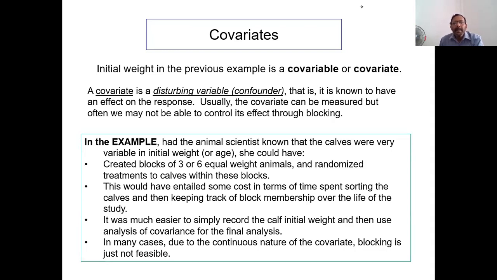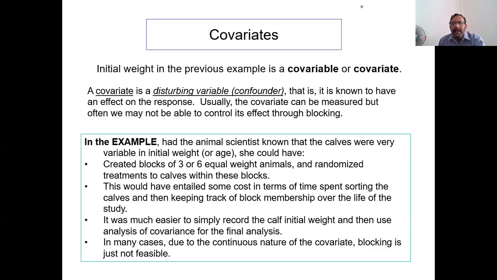Initial weight in the earlier example can be considered as a covariate. A covariate is a disturbing variable. It's called confounding. When you have variability overlaps, it's called confounding, right?